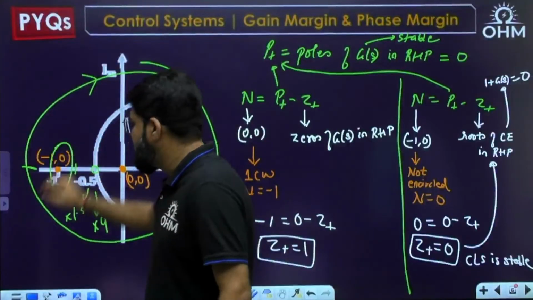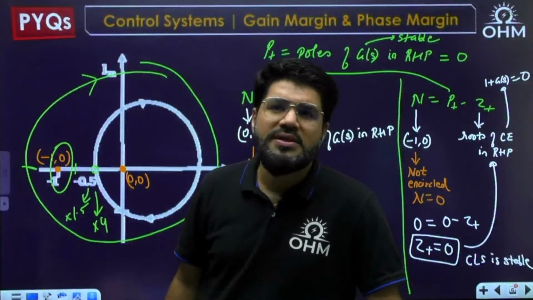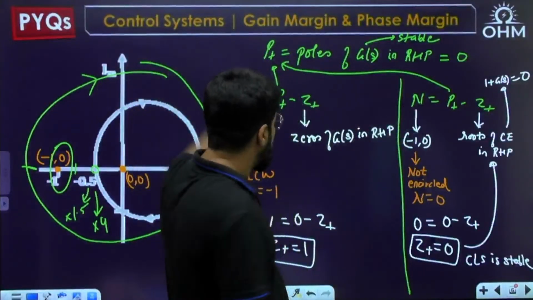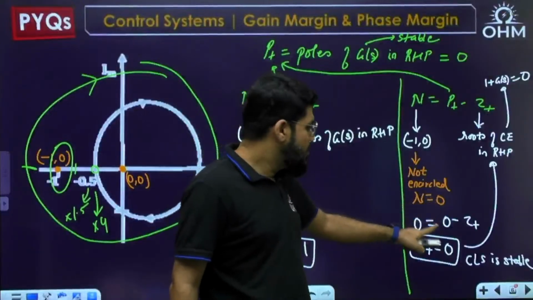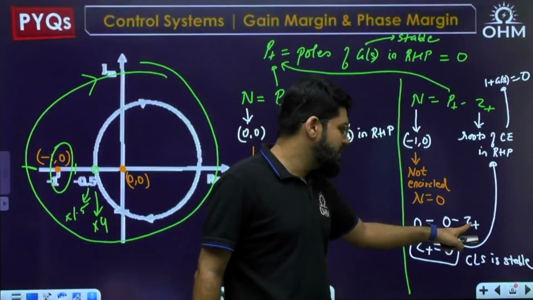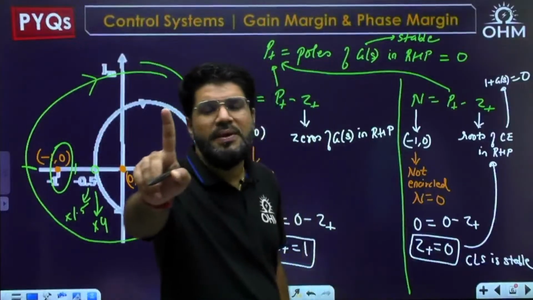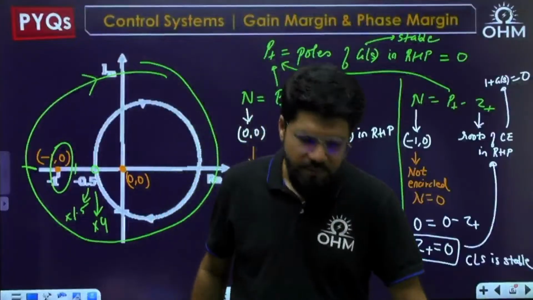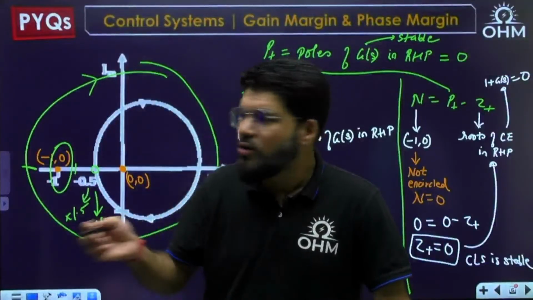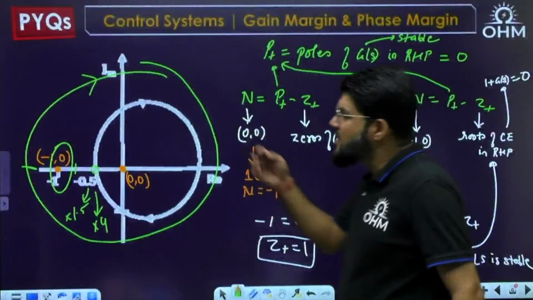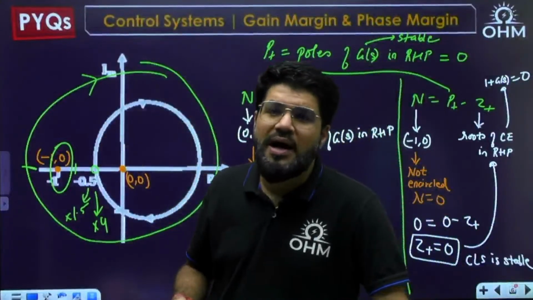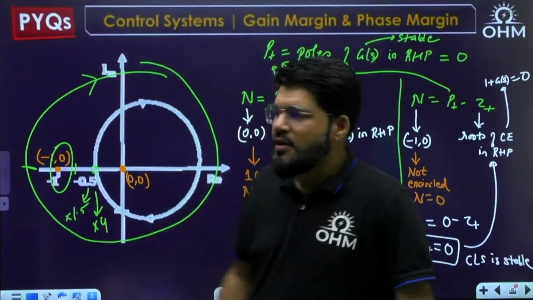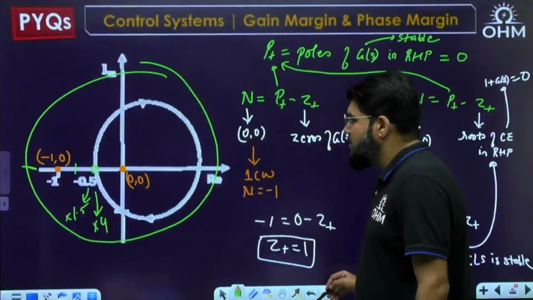Now there is one encirclement. -1 comma 0 is encircled in the clockwise direction, so n will be -1, equal to minus z plus, so z plus equal to 1. One RHP root of the characteristic equation, so the system is unstable. Right now the system is stable, but if you increase the gain of the system beyond a certain range, it will become unstable.